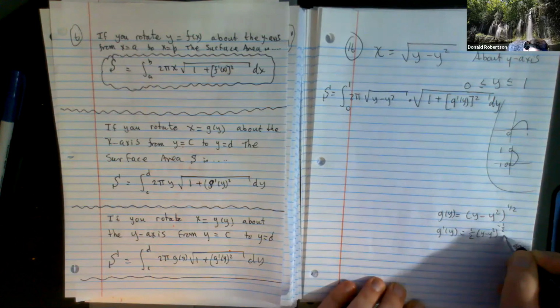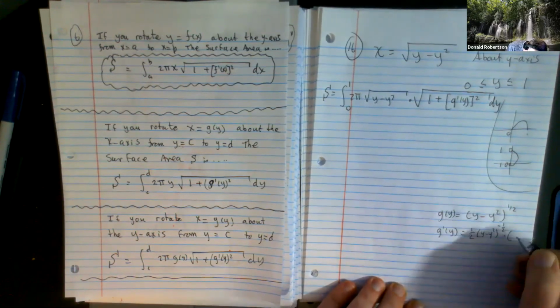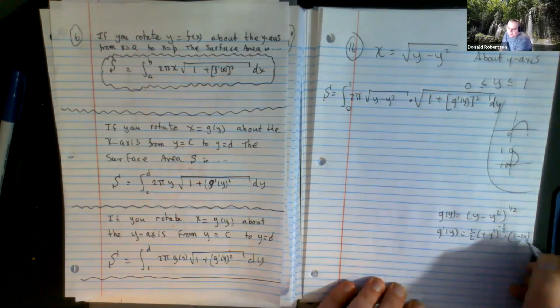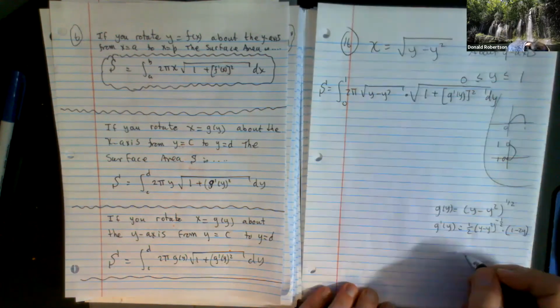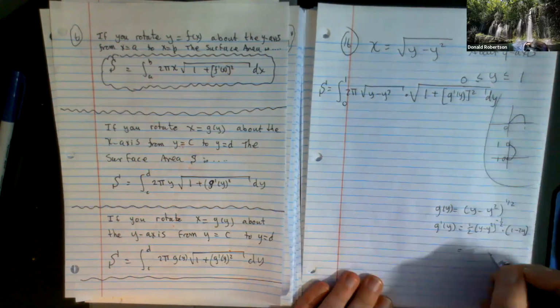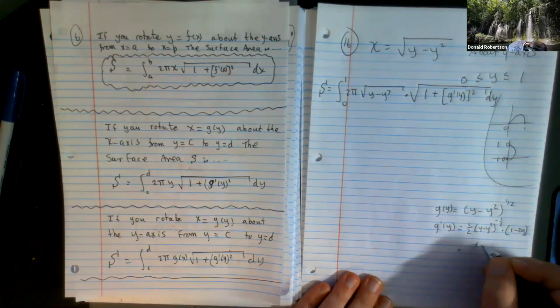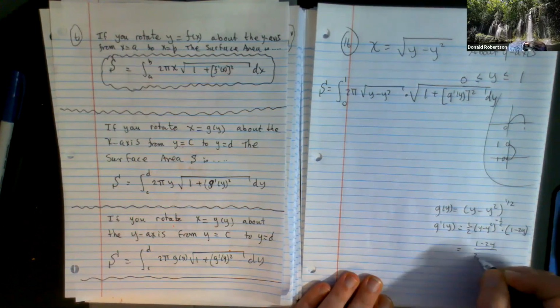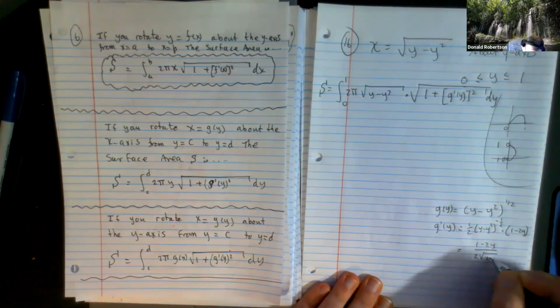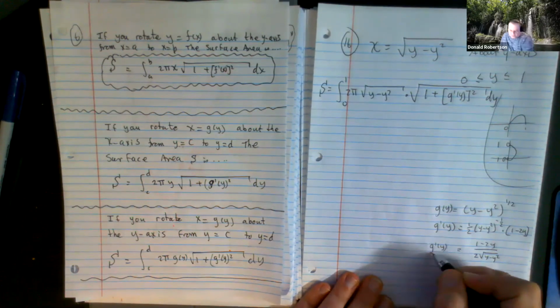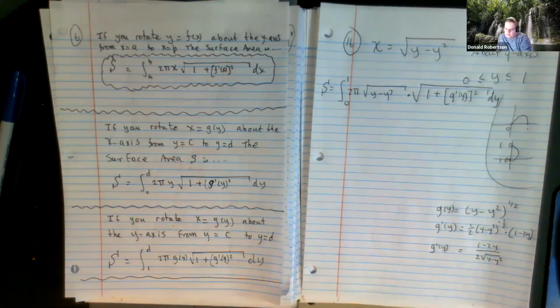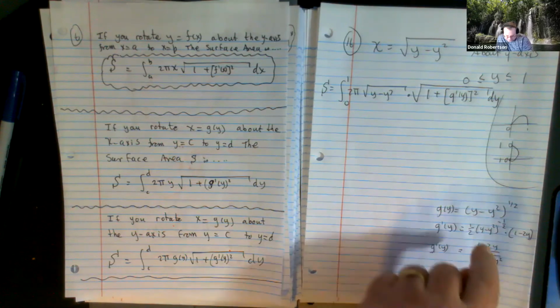But don't you also have to differentiate y minus y squared? Are you happy about where the 1 minus 2y is coming from? Chain rule. Now, I want to make this a little bit prettier. So how about 1 minus 2y on the top and 2 lots of y minus y squared on the bottom? Are you comfortable with the algebra that I did on that line, how this became that?